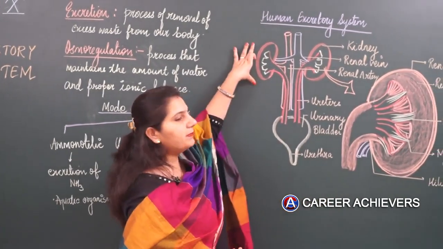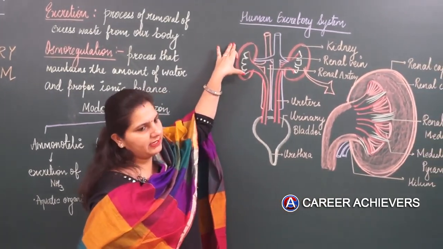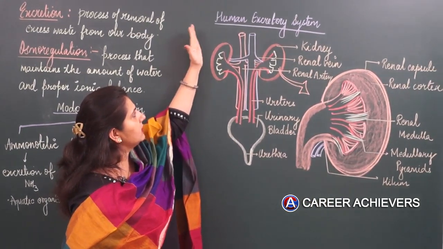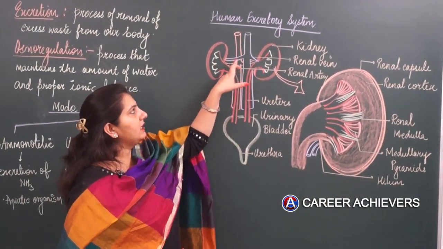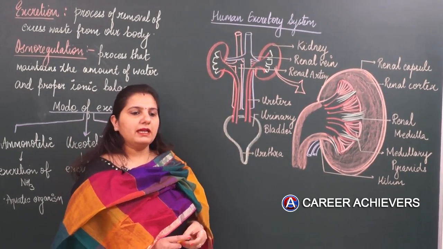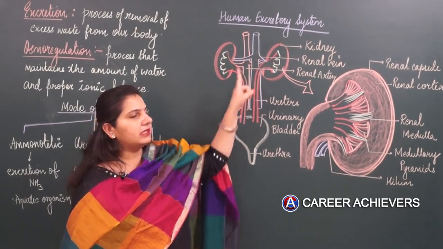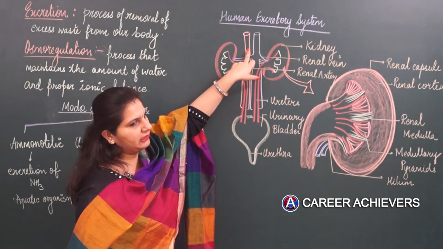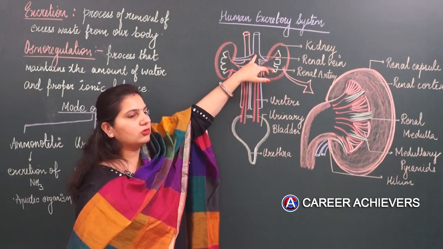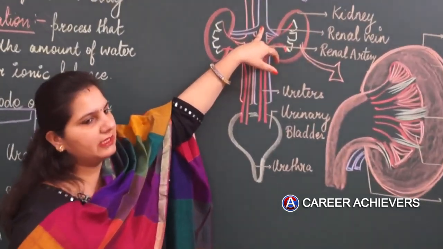The kidneys are bean-shaped brownish red structures which range up to 12 centimeters in size. These kidneys are supplied with blood vessels, the renal arteries and the renal veins. The pure blood comes in from the aorta through the renal artery, and the impure blood goes to the vena cava through the renal vein.